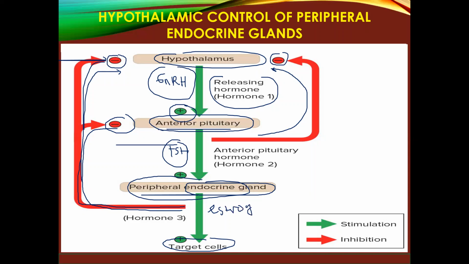When the estrogen is produced so much, then this ovary will produce inhibin, which is the hormone that will inhibit FSH and GnRH production. Okay, so this is the connection between hormones, the target cell, and the control of the release.